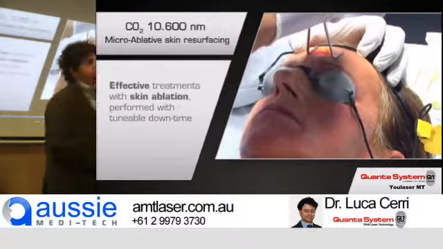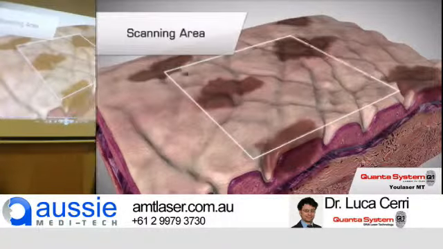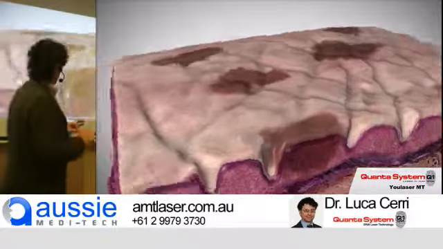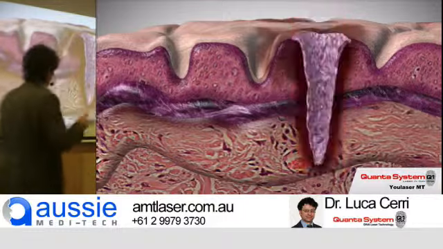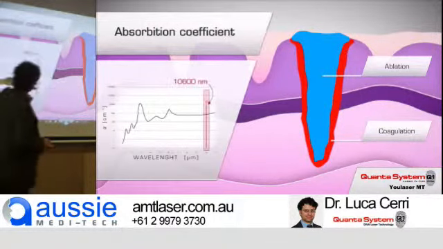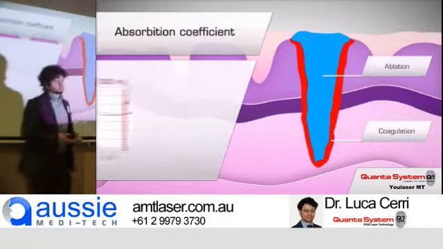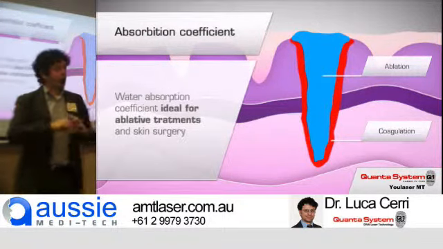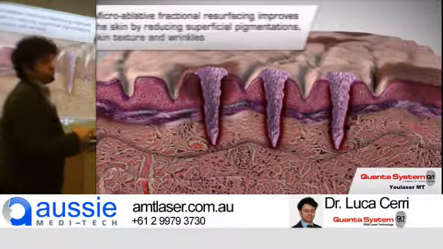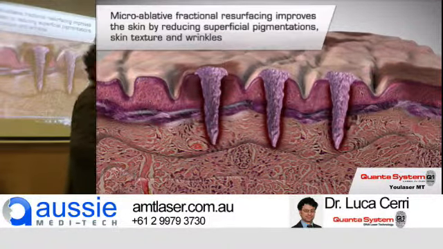Or we can use the device as CO2 alone. CO2 alone in fractional makes sense only when there is some pigmentation, some melanin dyschromia, and when we want to be very superficial, because this one can drill up to about 1 millimeter.